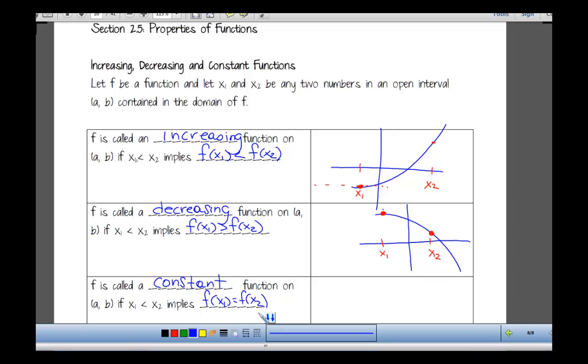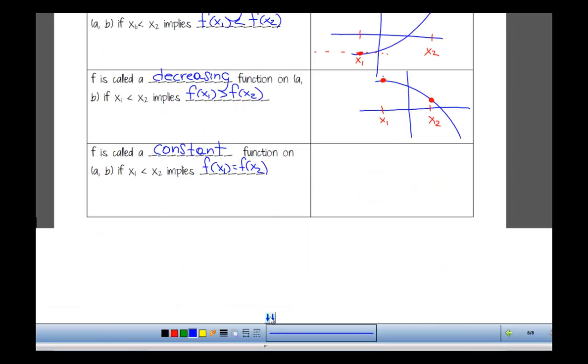Okay, a constant function looks like everybody in the interval gets the same value. All right, that's our constant function.